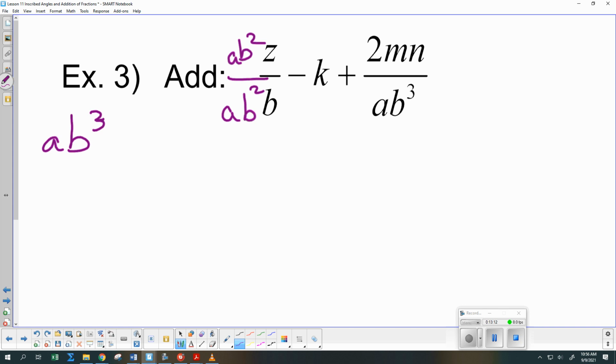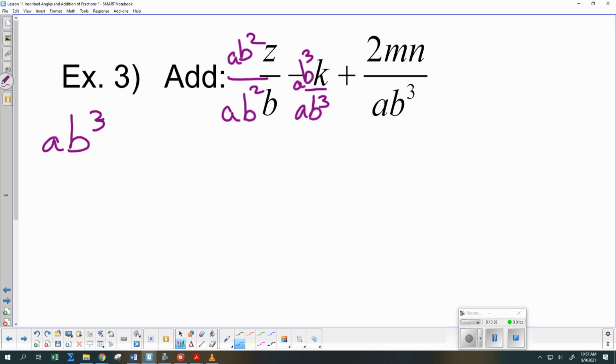Now the second one is a little bit tricky. What are we missing in that second one? Akshita? We're missing the whole thing. So we need the AB cubed. So we put that with numerator and denominator. What about the last one? And what are we missing on our last one, JC?